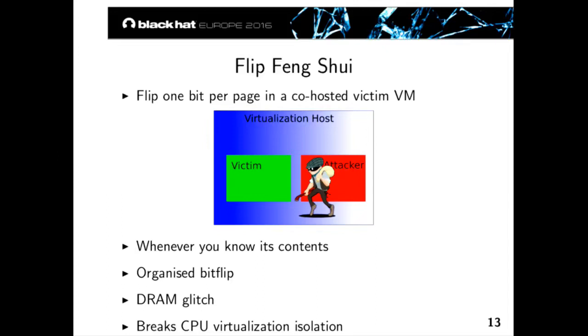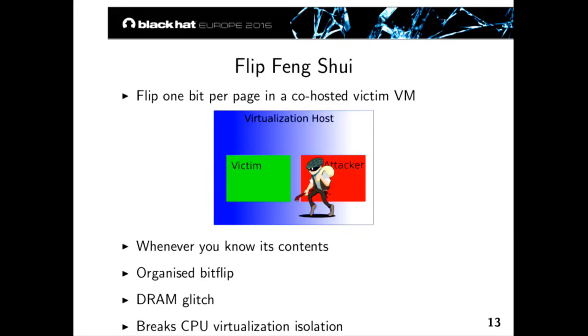So this write primitive is capable, as you can see in this diagram, of breaking the isolation of virtualization, the strongest possible virtualization isolation available to us today, this hardware virtualization. So that is one of the significant outcomes of this work. So the takeaway from this slide should be, if you know the contents of a target page in a victim VM, you can write a single bit to it, change a single bit.